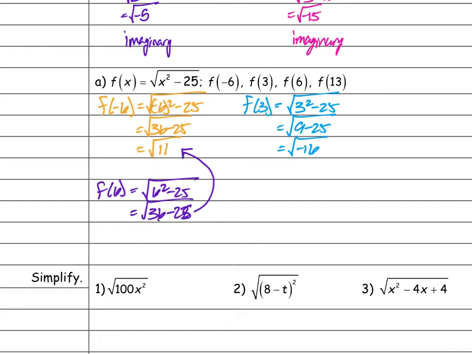Like how I just drew an arrow. And then f of 13 is going to be the square root of 13 squared minus 25, which equals the square root of 169 minus 25, which equals the square root of 141. There we go.